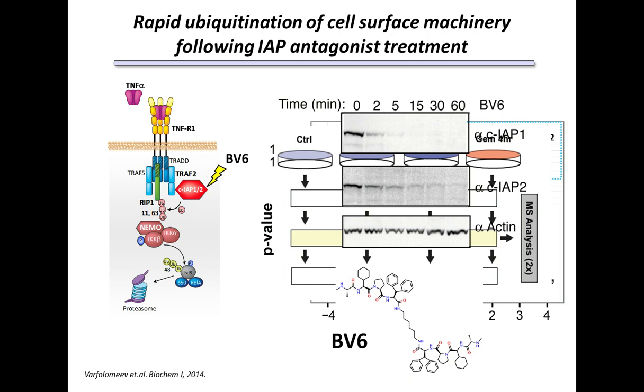If we look at the data, this is a volcano plot where we're looking at the log-2 ratio on the x-axis and the p-value on the y-axis of this BV6 treatment relative to control. And in the top right corner, you can see the key message, that the BV6-stimulated cells showed elevated levels of ubiquitination, very specifically of 5 proteins.